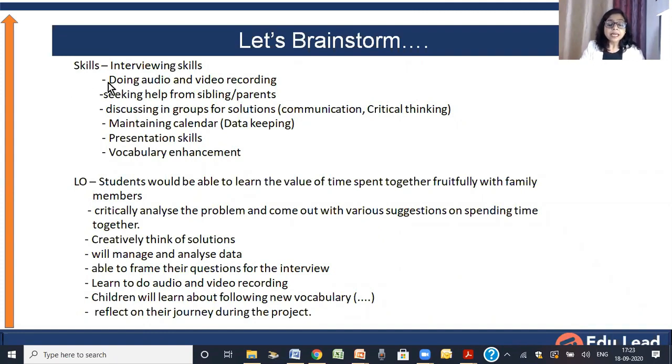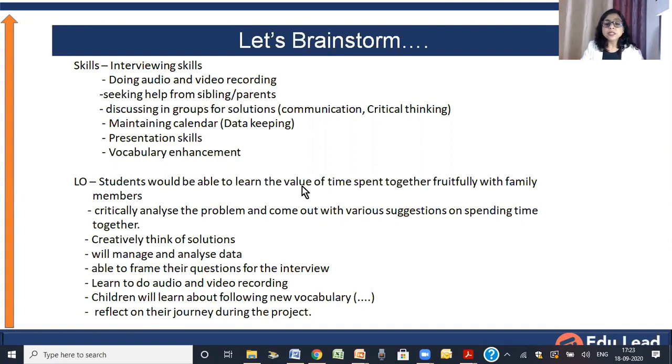Then another skill is seeking help from siblings and parents, asking for help. Discussions in groups for solutions. So communication is there, critical thinking is there. Maintaining a calendar, so your data keeping. Presentation skills, there will definitely be some kind of new vocabulary that they will be adding to themselves. So there's vocabulary enhancement. What are the learning outcomes?